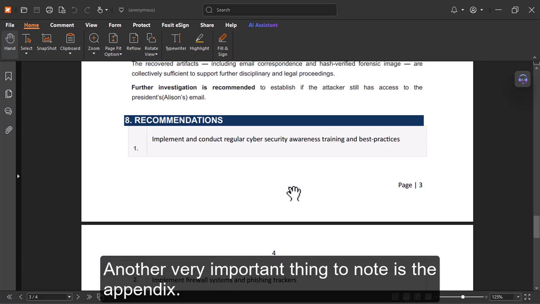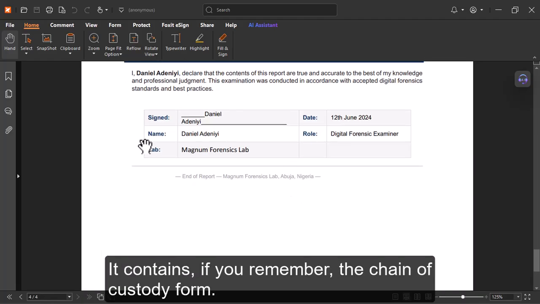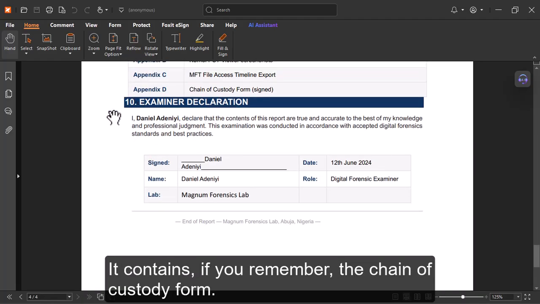So here it is. Another very important thing to note is the appendix. The appendix may contain snapshots that were not included in the main report itself. It contains, if you remember, the chain of custody form.